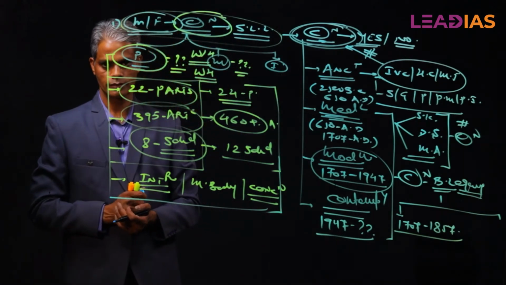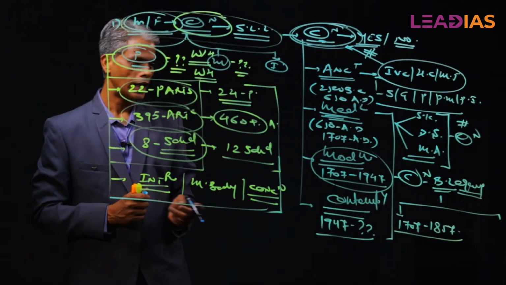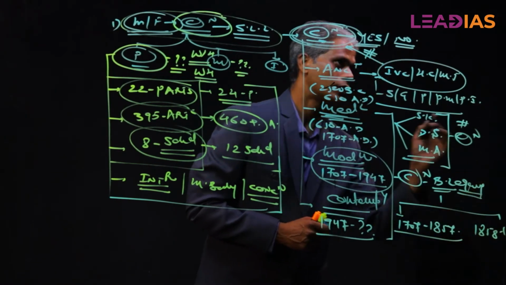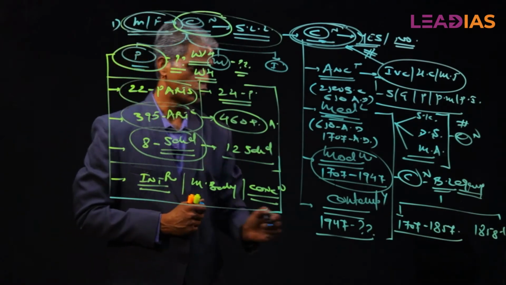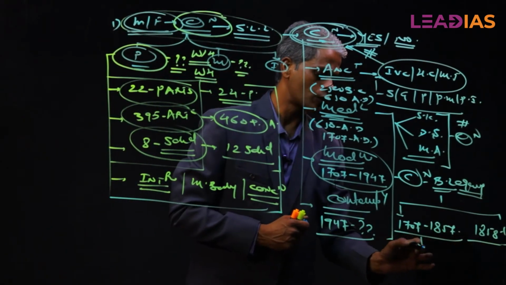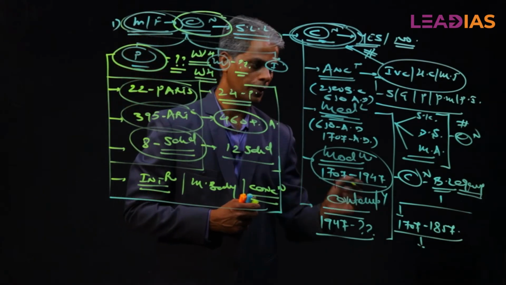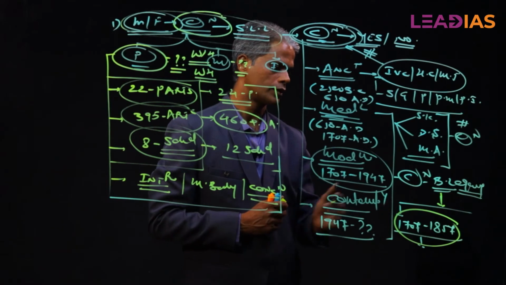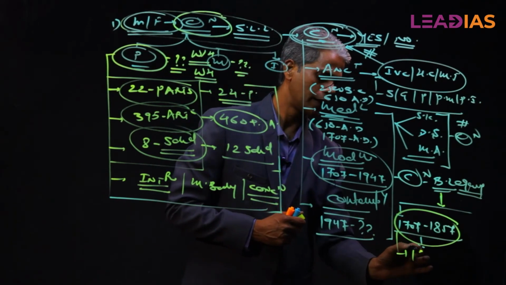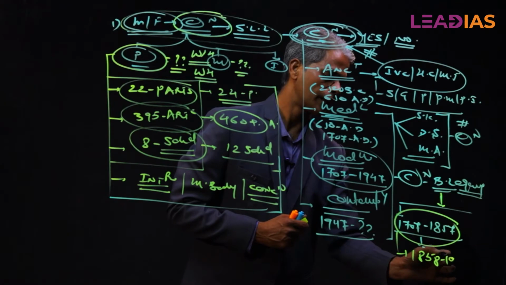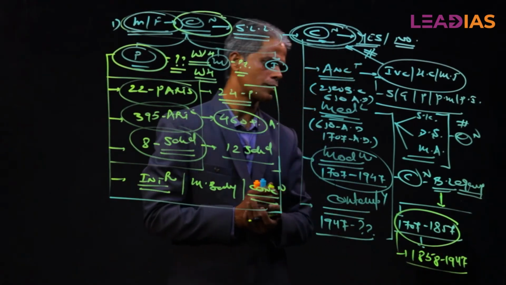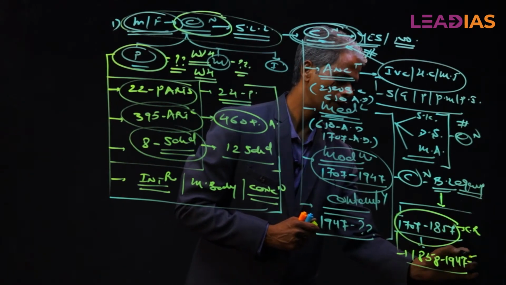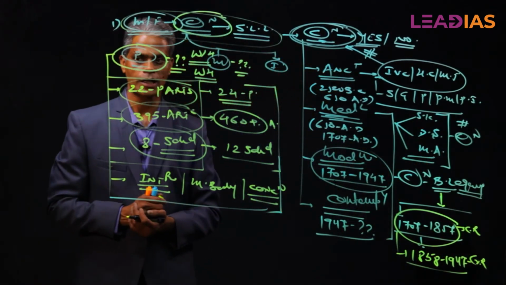This is divided historically in terms of the British rule, and the second phase was from 1858 to 1947. The basic difference between the two is that sometimes this is referred to as company rule and this as crown rule. So basically we have two types of rule.